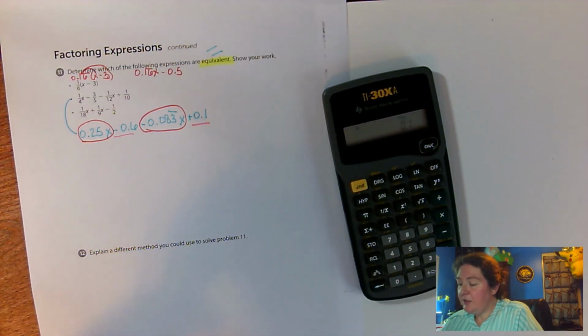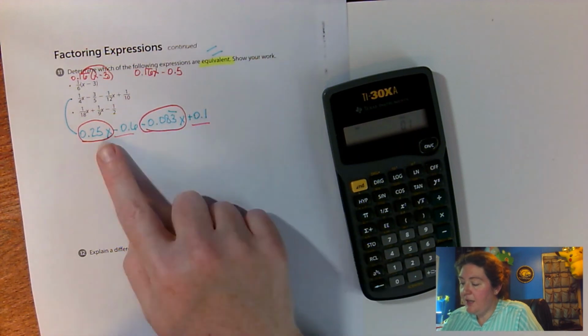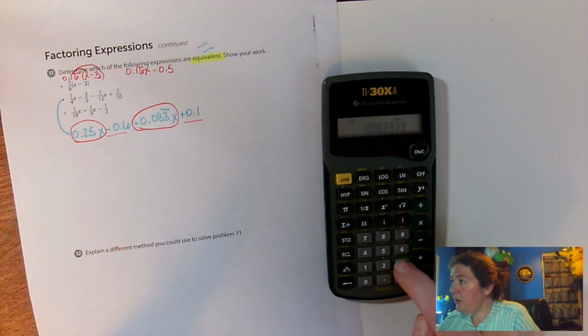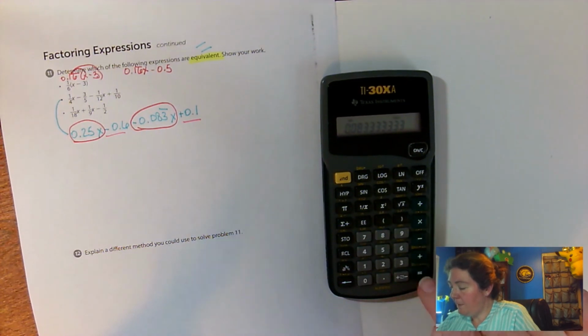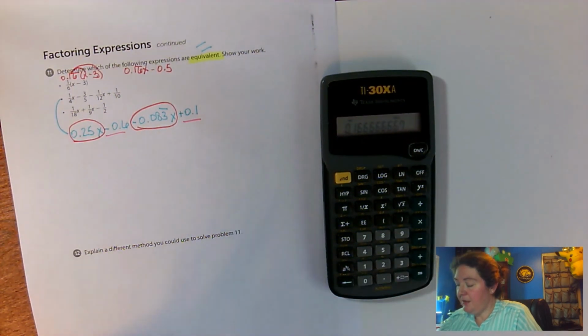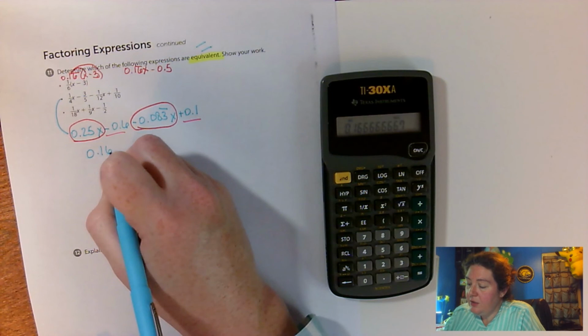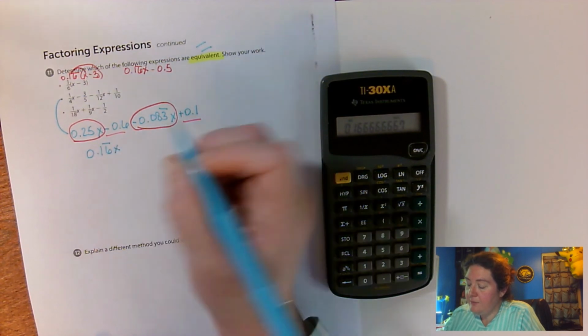I need to put my x's together. So I'm going to say 0.25 minus 0.083 forever. And that gives me 0.16 repeating forever and ever x.